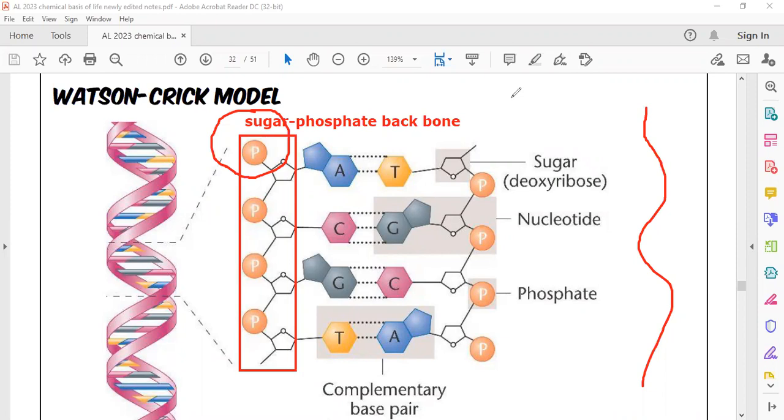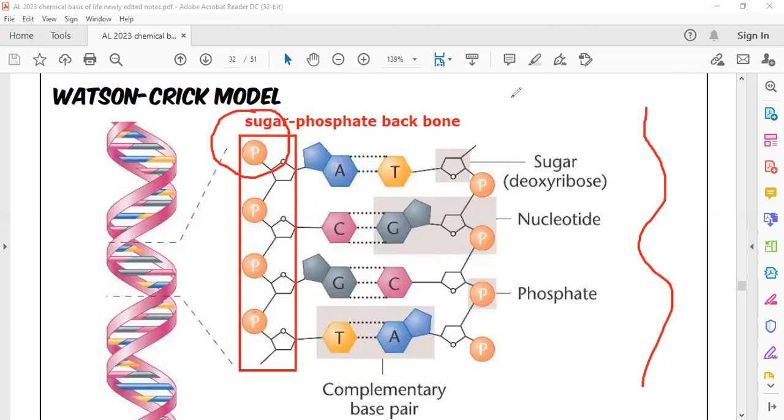Solution. I have placed the circle around the phosphate. The carbon in it, is it connecting to another nucleotide above? It is not getting connected to a nucleotide above, which means it is free.